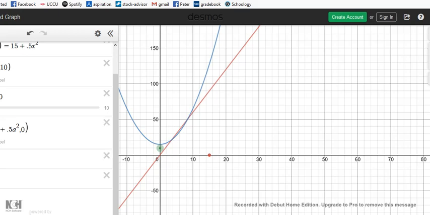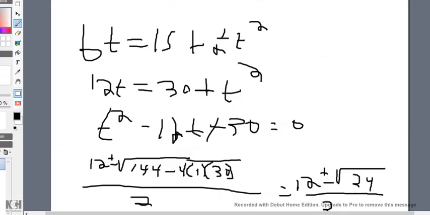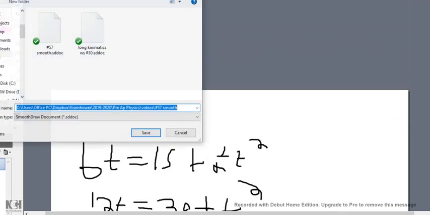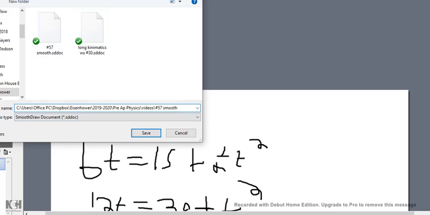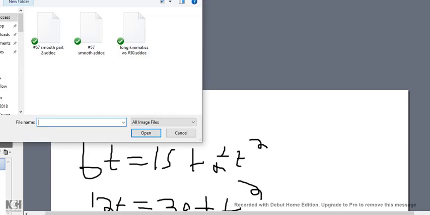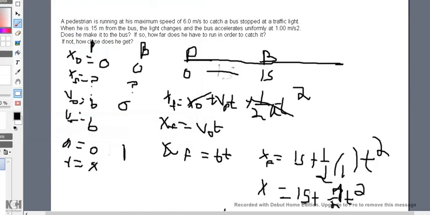Now let's go back to the problem. Getting a little yucky, but stay with me. We're going to save this right here as part 2, because I think the original problem said, does he make the bus?